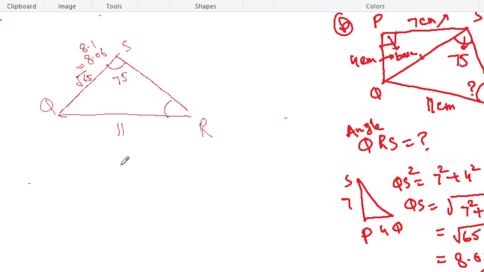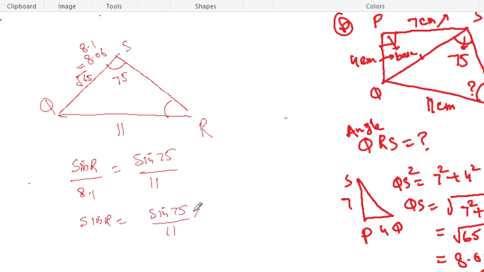So see here, sine R over the opposite side, which is 8.1, is equal to sine 75 over the opposite side, which is 11. So sine R is equal to sine 75 over 11, times 8.1.